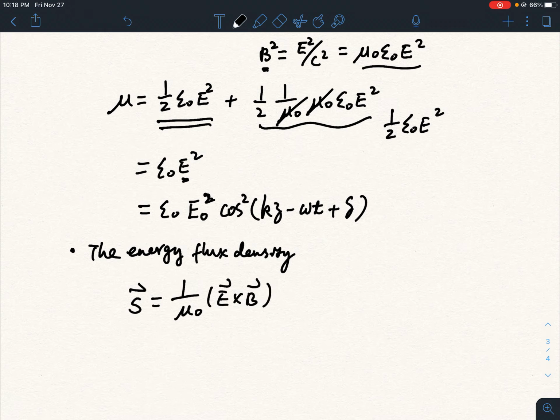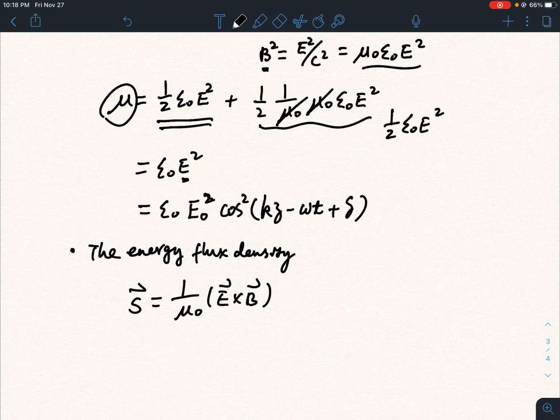You can think about it this way: if we have a volume, there is some energy carried by the electric field and magnetic field, and of course for the volume there is a surface, so there is energy coming out through this surface.